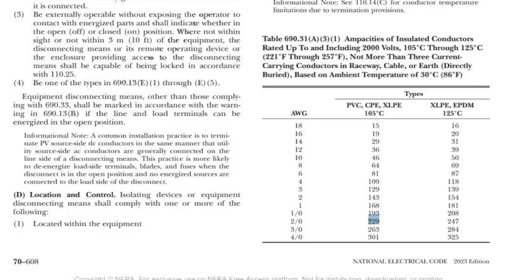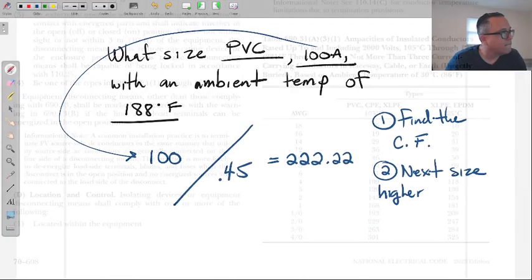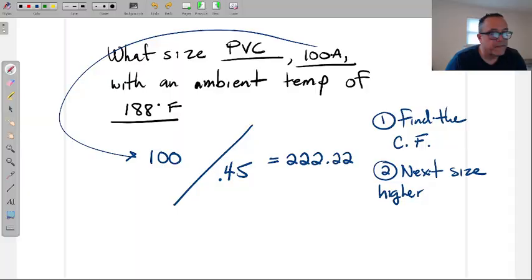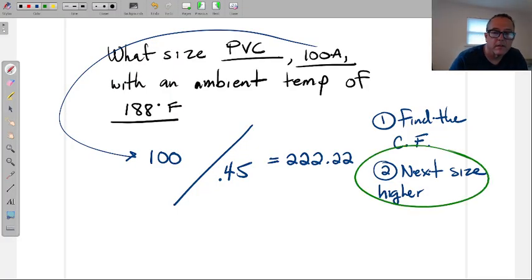So the next size higher is 229, or the 2-odd. Meaning that I got to the answer immediately. This is the easier way to do it as long as you remember next size higher.